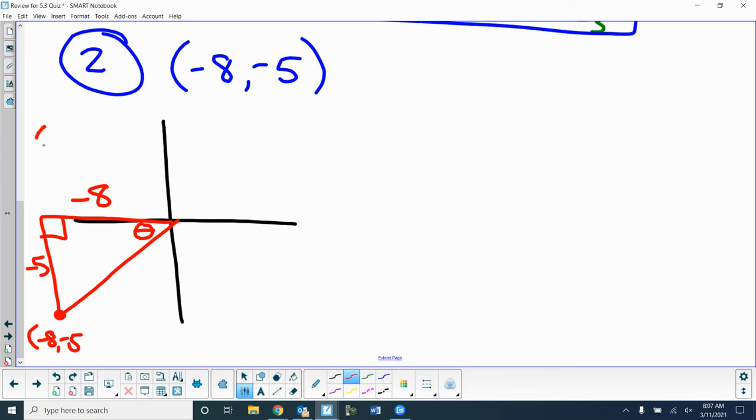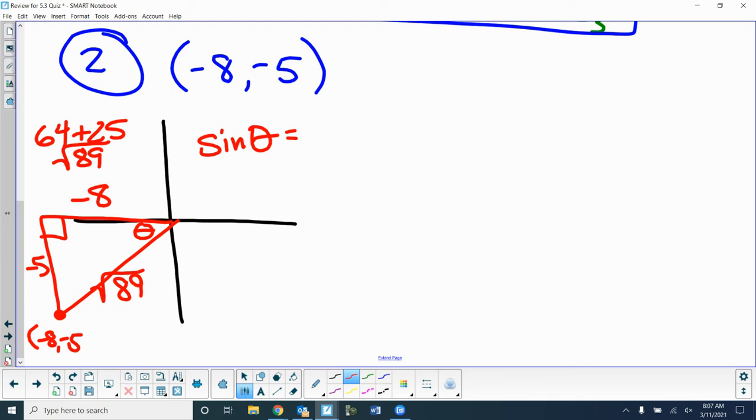So -8 squared is positive 64. -5 squared is positive 25. That's 89. So we take the square root. 89 doesn't break down. Can't simplify it. Okay? So we just have to rationalize some denominators when we do it.